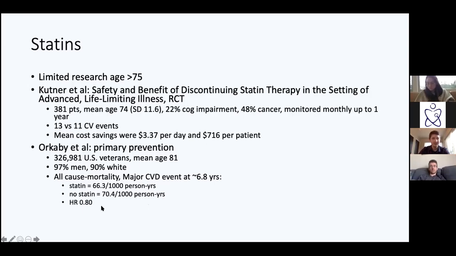They found a hazard ratio of 0.8, so 66 versus 70 per 1,000 person years. So there is some difference, but I honestly wasn't super impressed with the numbers. And again, it doesn't necessarily apply widely, or it's a little harder to generalize.